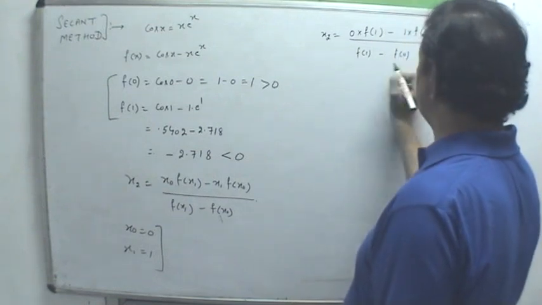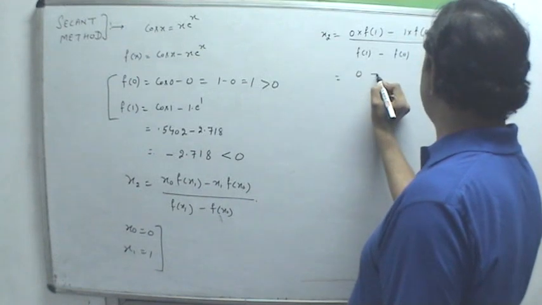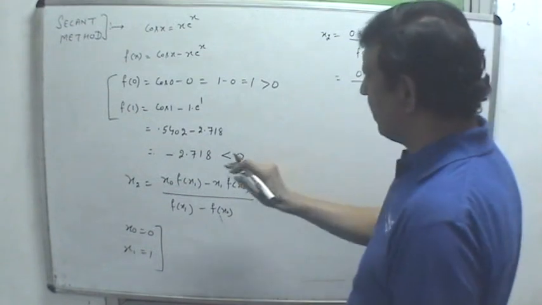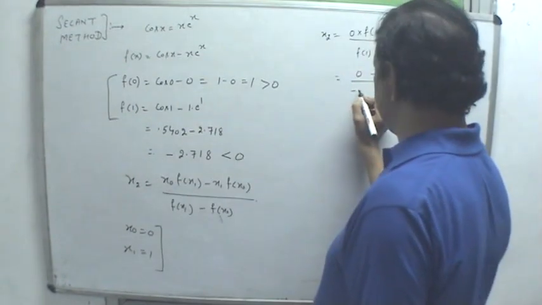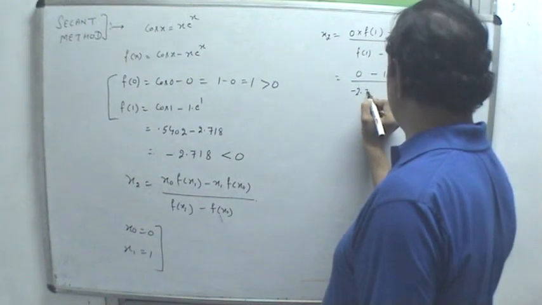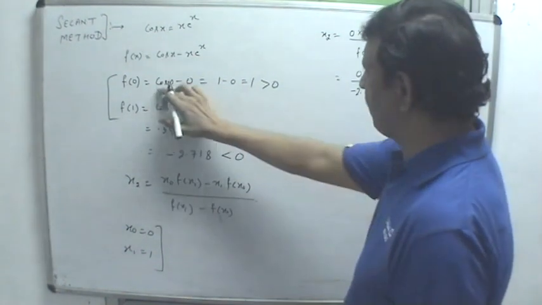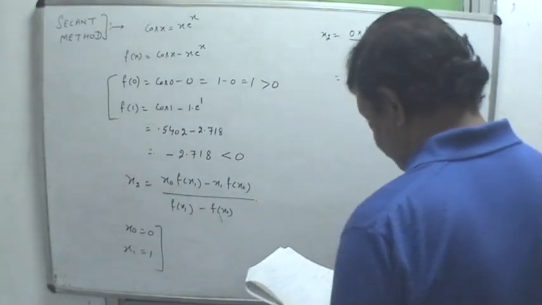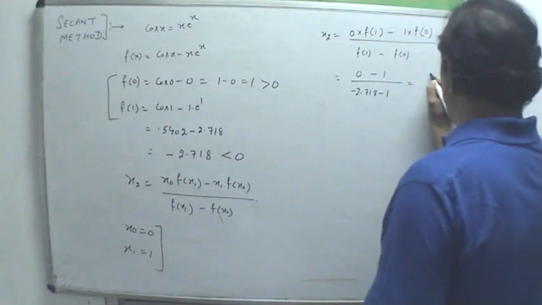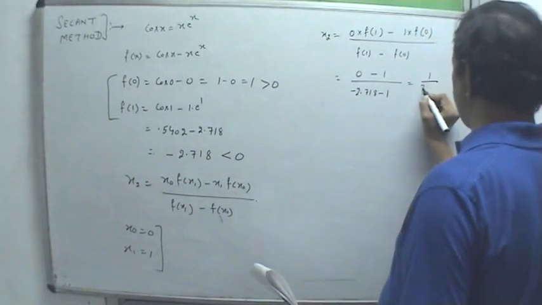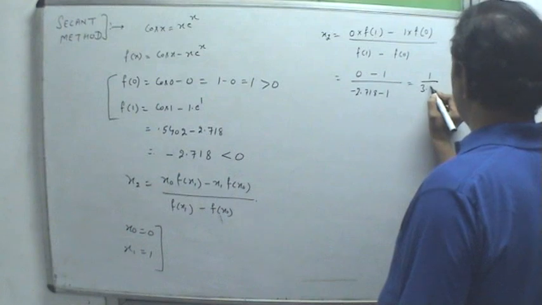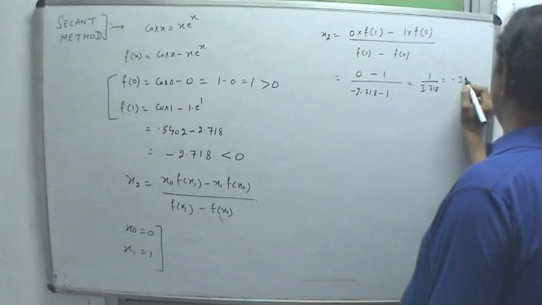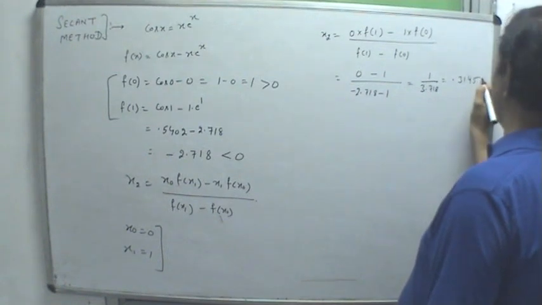That is 0 minus f of 0, which is 1, divided by f of 1, which is minus 2.718, minus f of 0, that is minus 1. If we calculate it, it gives 1 upon 3.718, which comes to be approximately 0.31455.